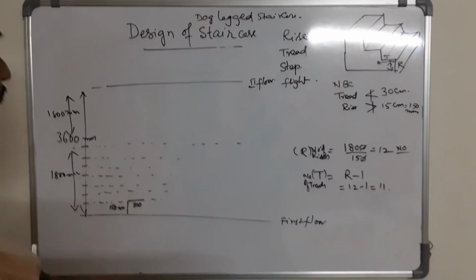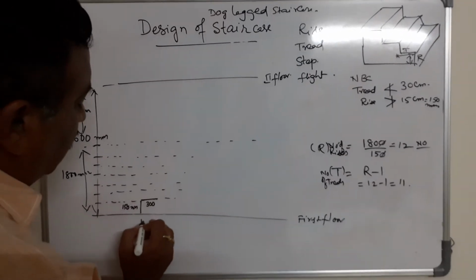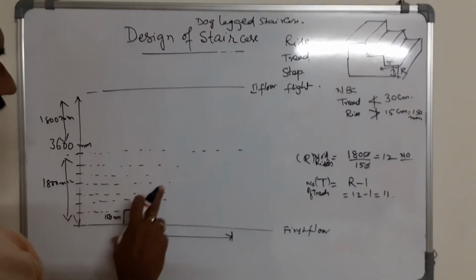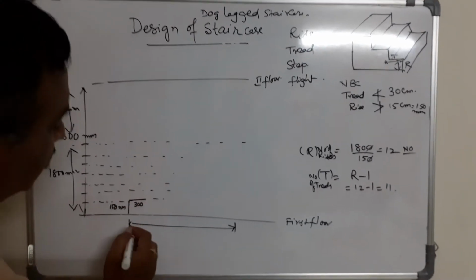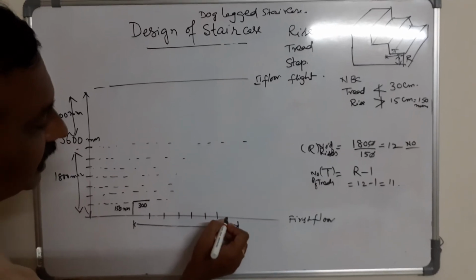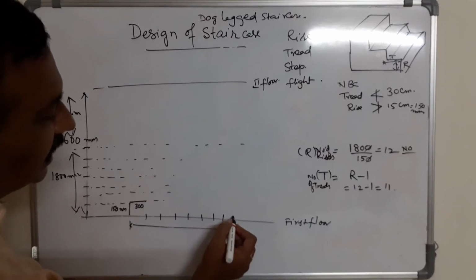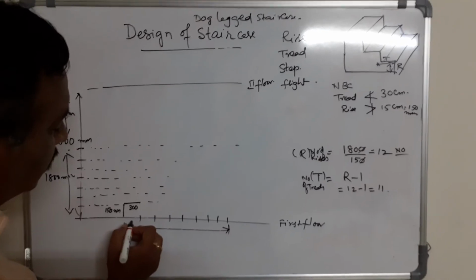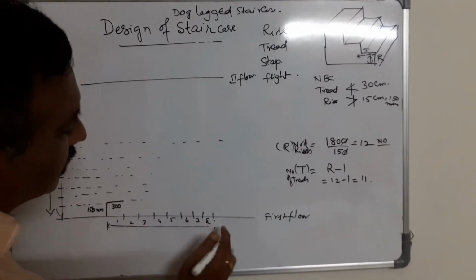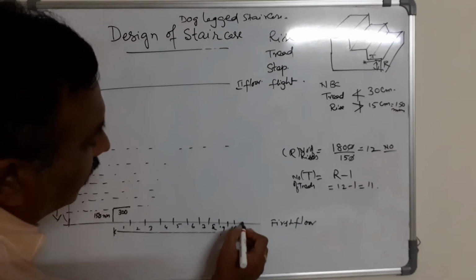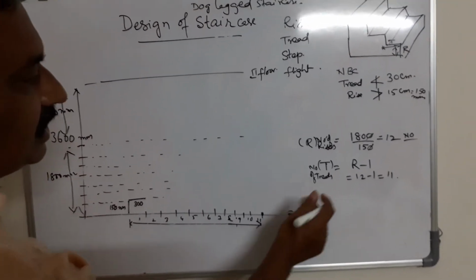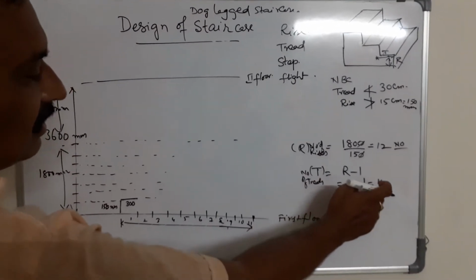This is the horizontal line of the total flight. So 300, 300, 300, 300, 300, 300, 300, 300, like this. One, two, three, four, five, six, seven, eight, nine, ten, eleven. So here the number of treads is equal to 11.